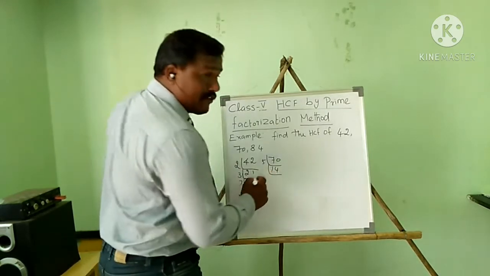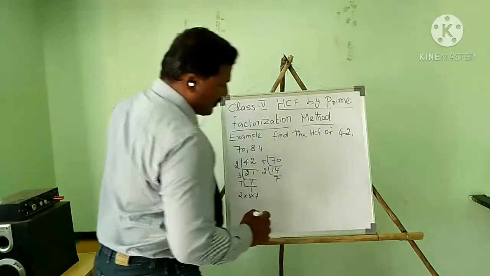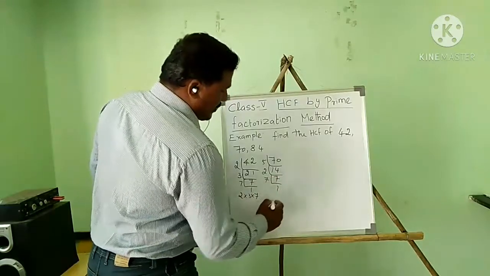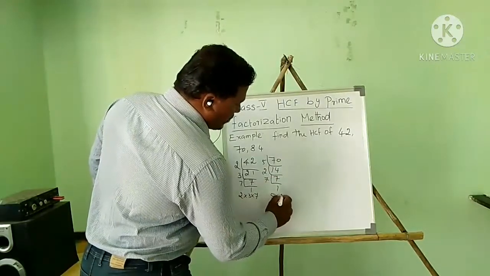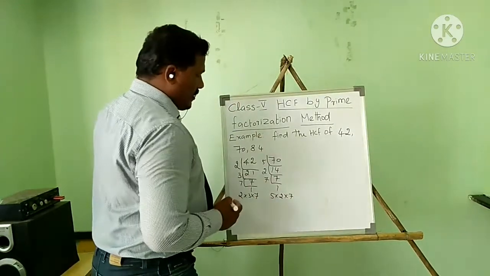Now we can divide by 2: 7 twos are 14. Now we can divide by 7: 7 ones are 7. So 5 into 2 into 7 are the factors of 70.